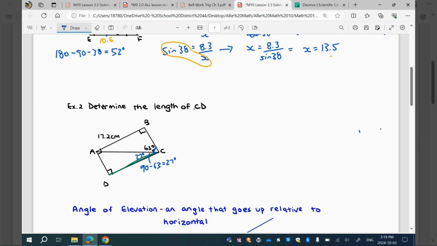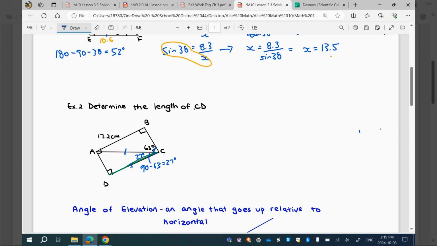But we still can't really use that to determine this length just yet. But maybe if we figure out this shared line right here, we can use that information about the hypotenuse and this one angle to find the length of CD.